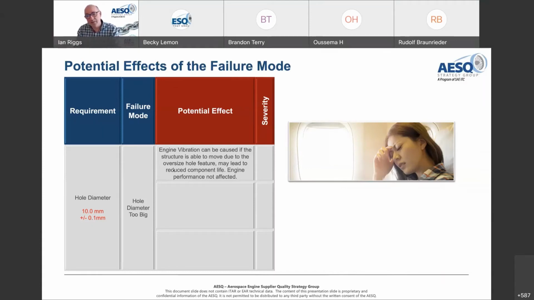And if that wear is picked up when the engine is serviced, you may have to replace the part before it's due to be replaced. So let's say it's supposed to do 2,000 cycles. Because this hole's too big, it wears prematurely and has to be replaced after 1,000 cycles instead of 2,000 cycles.